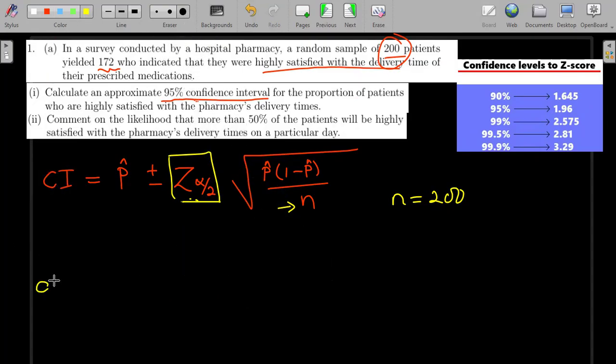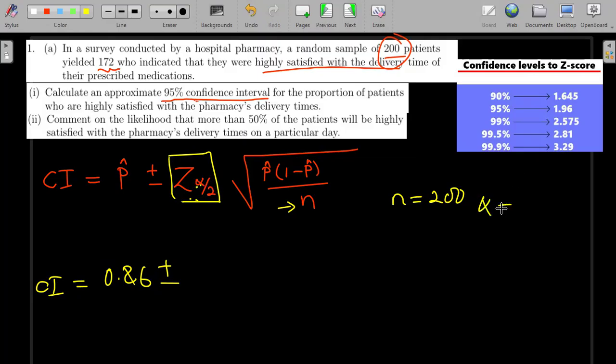So the confidence interval is equal to the p hat, 0.86, plus or minus the z-score. In fact, before you even get the value 1.96, you have to find this alpha. How do you find alpha?